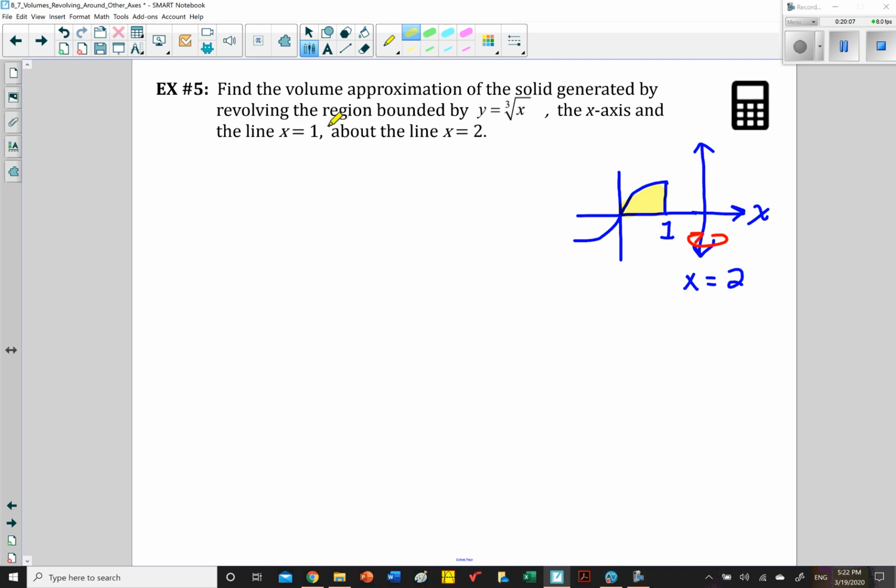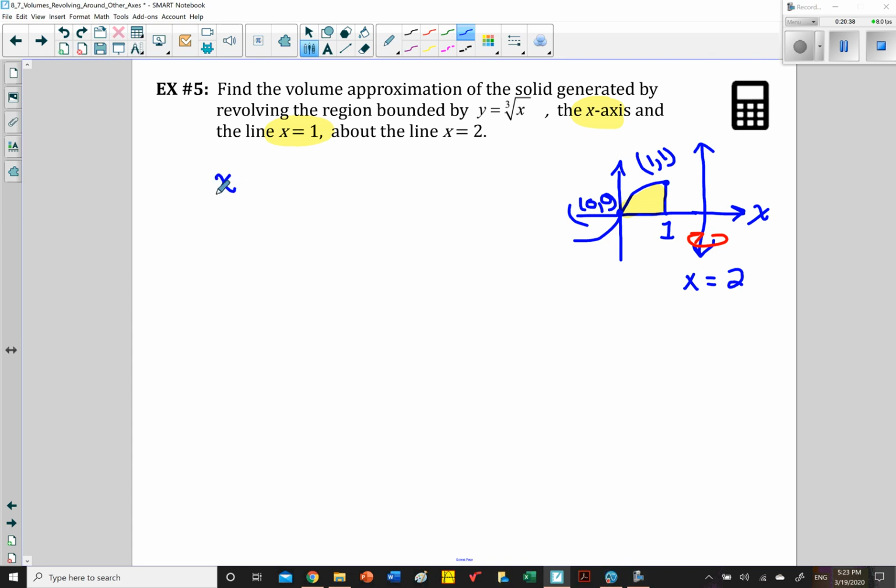They're stopping us at 1, the x-axis. This is the y-axis. At 1, 1, I would say 0, 0.